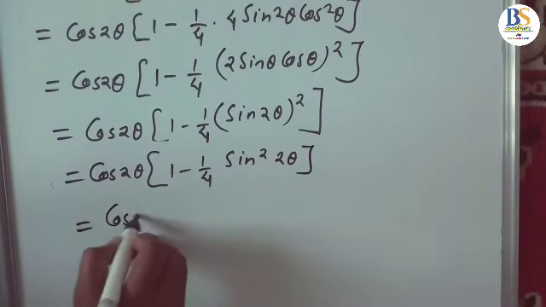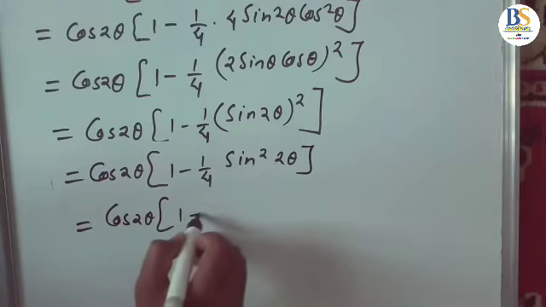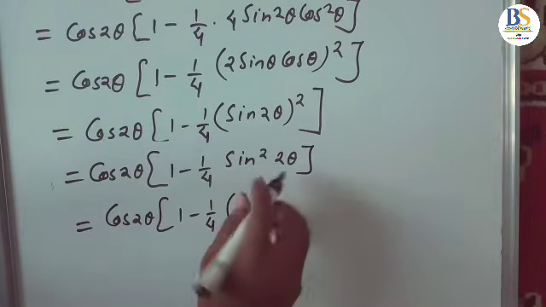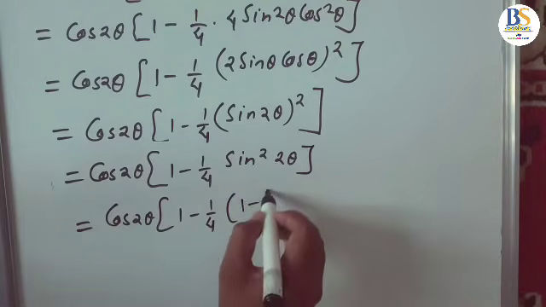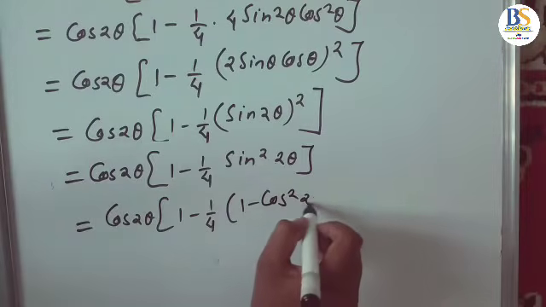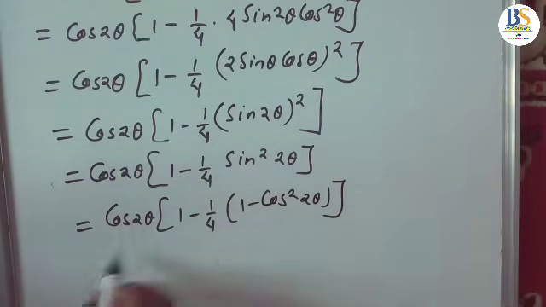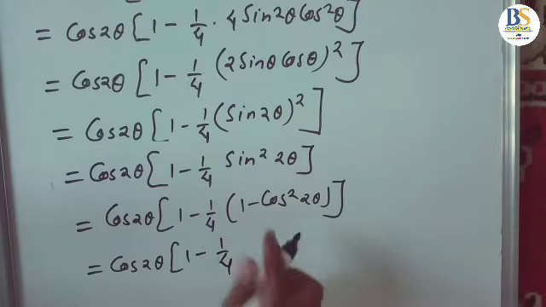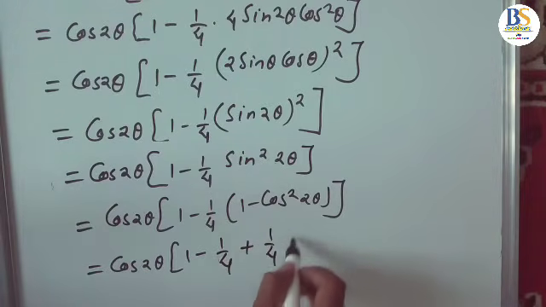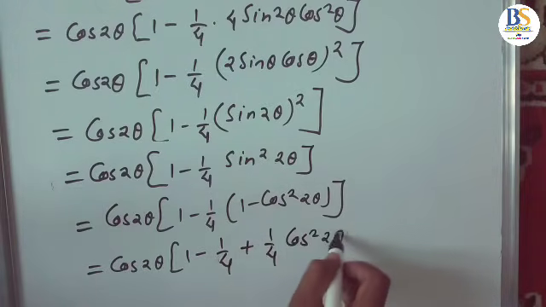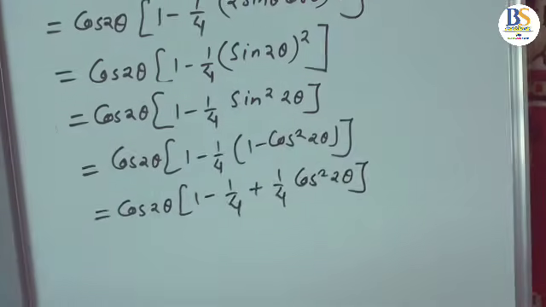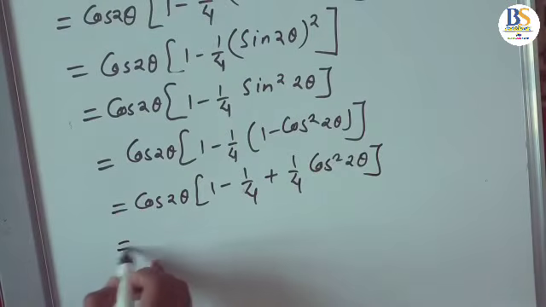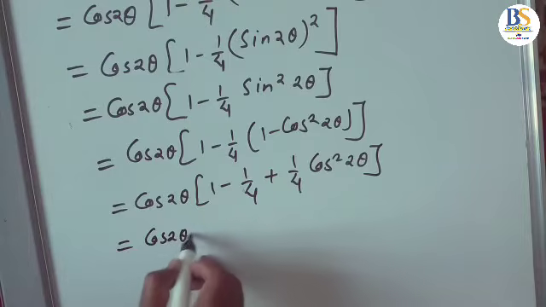Then cos 2 theta times 1 minus 1 upon 4 sin square 2 theta, where sin square 2 theta equals 1 minus cos square 2 theta. Then cos 2 theta times 1 minus 1 upon 4 plus 1 upon 4 cos square 2 theta.